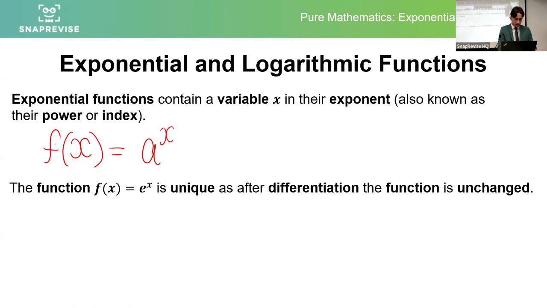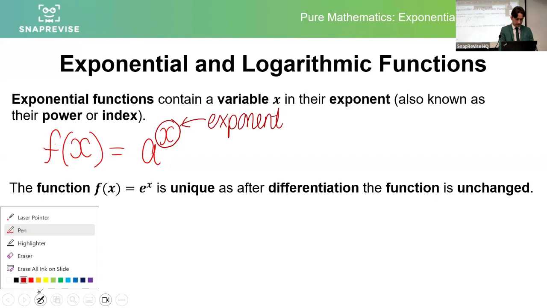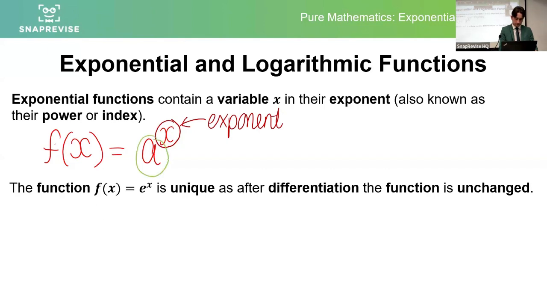If I color code this, this bit would be the exponent, a would be the base, and this would just be a number. And so that's the general setup.